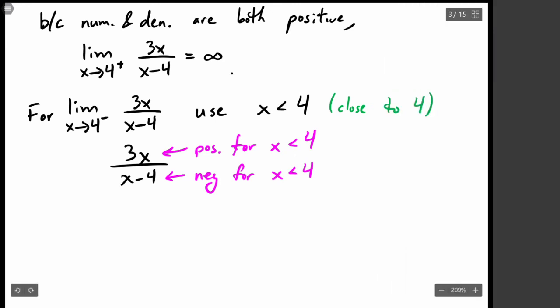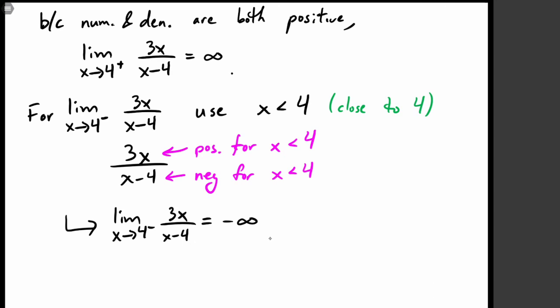Since we know this has to be going to plus or minus infinity, and now we know that this fraction is negative when we get close to x equals 4, this limit has to be negative infinity.